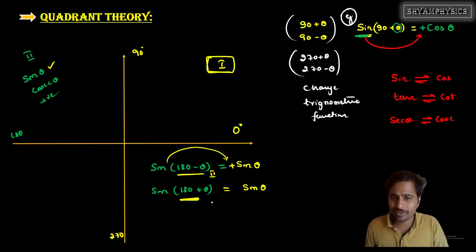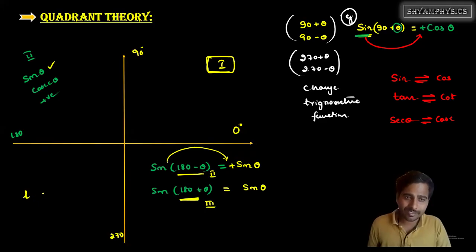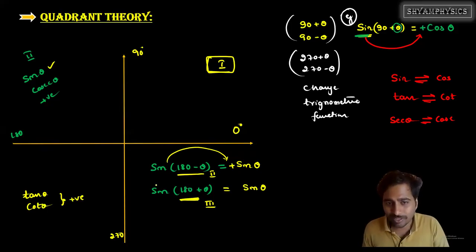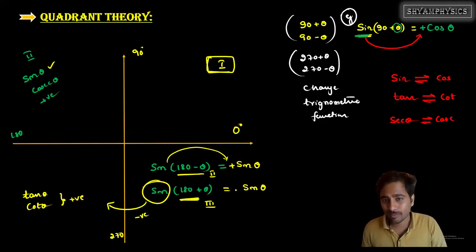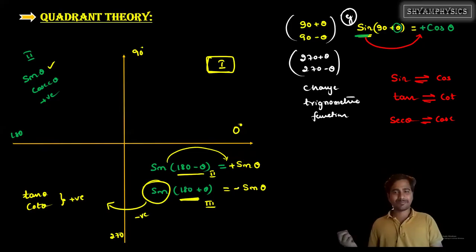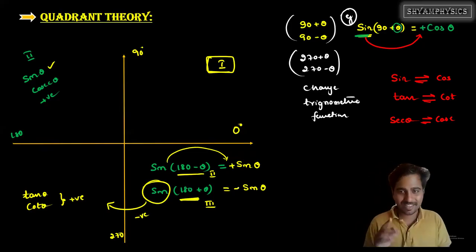It belongs to the third quadrant. In the third quadrant, tan theta and cot theta are positive. Is this sign positive in the third quadrant? No, this sign is negative. So put this answer along with a negative. Hope it is done. Understood what I am saying here?